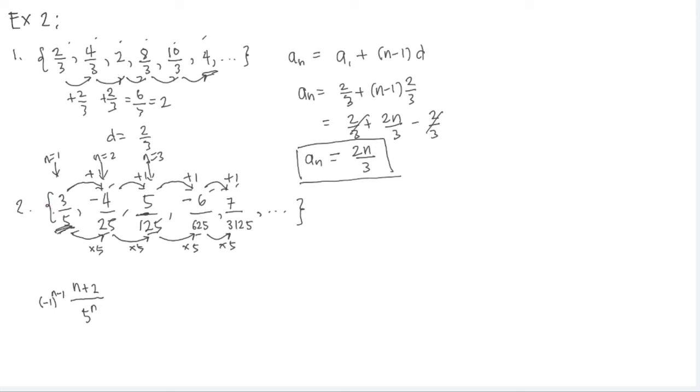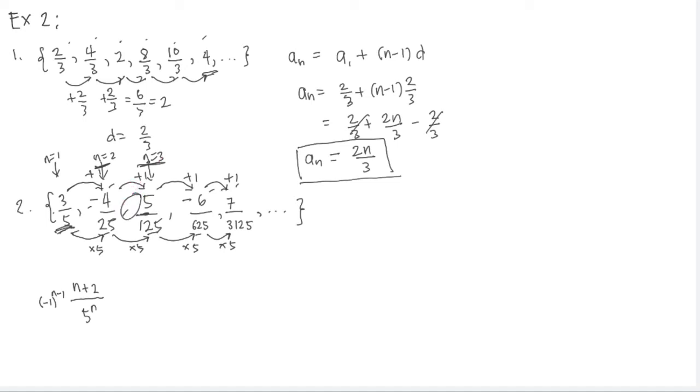Negative 1 to the 2 minus 1 for the second term: 2 minus 1 is 1, negative. For the third term, 3 minus 1 is 2, negative 1 to the 2 is positive, and we have a positive term here. And so on and so forth.